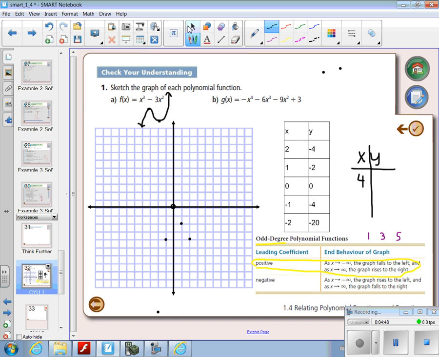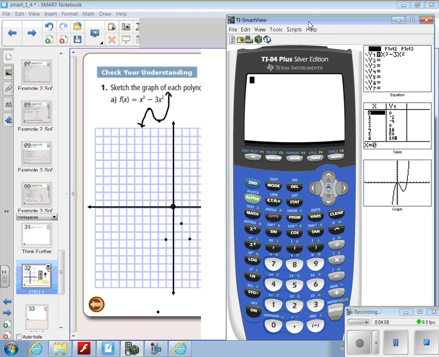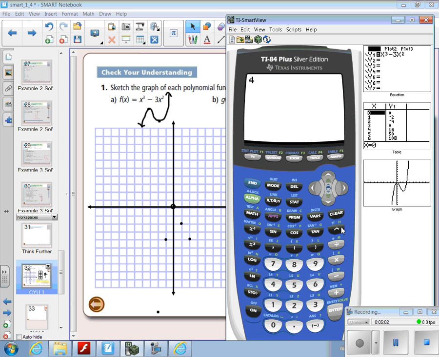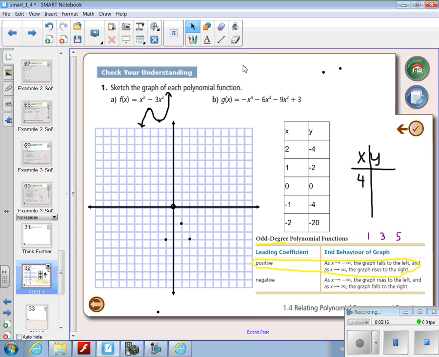When x is 4, I'm going to use my calculator here. 4 cubed minus 3 times 4 squared equals 16. Okay, that's better. We'll close that now. 16. So on my chart, let's write that in here. 16. Let's plot that point.